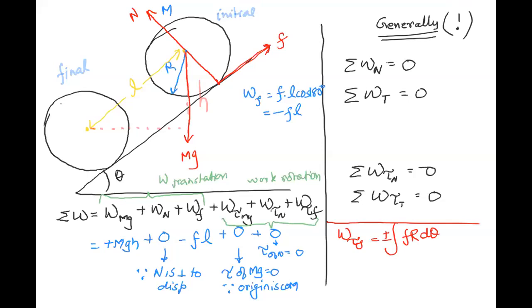How do we do this? Well, F is constant, R is constant, so this simply becomes plus Fr theta.